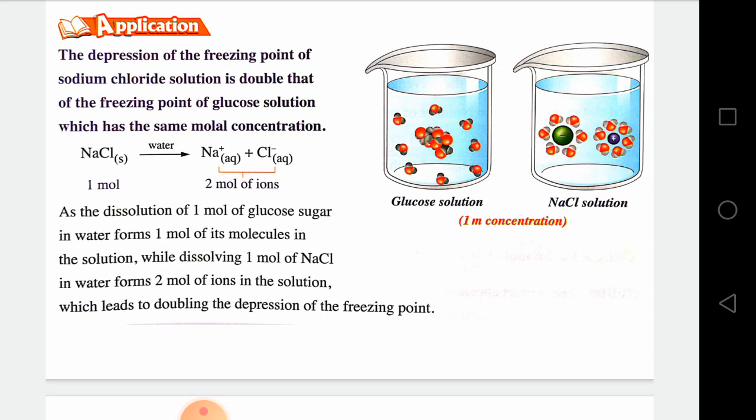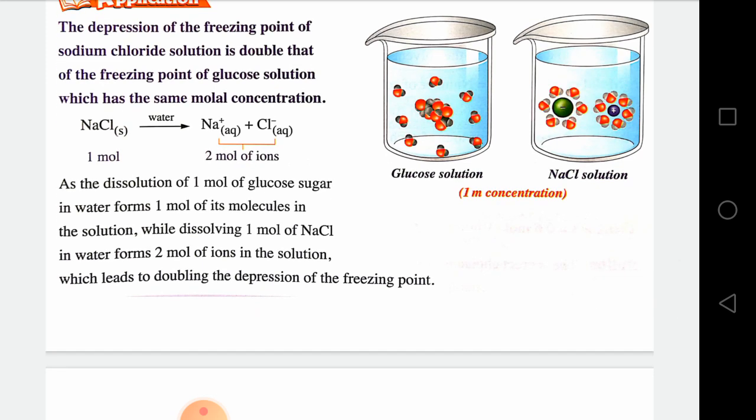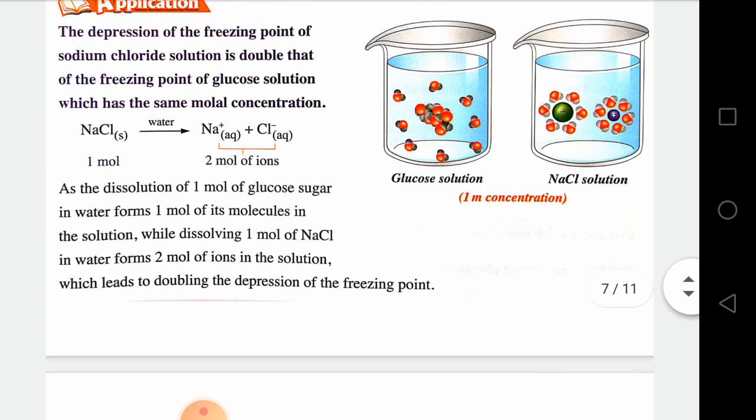Because the number of moles, or particles, in the sodium chloride solution is higher than that of glucose particles in the glucose solution. Also, the freezing point of the sodium chloride solution will be lower than the freezing point of the glucose solution. Why? Because the number of particles of sodium chloride in its solution is higher than the number of particles of glucose in its solution.